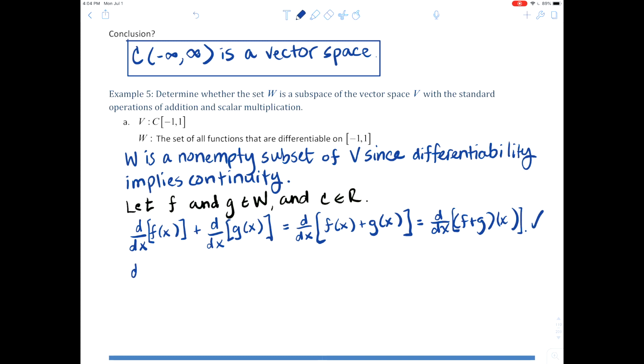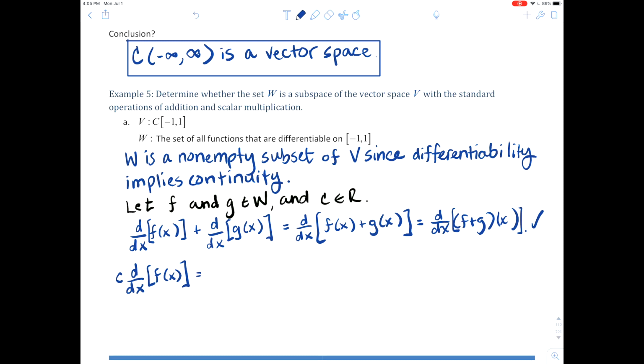Now, c times d/dx of f of x, right? What would that equal to?